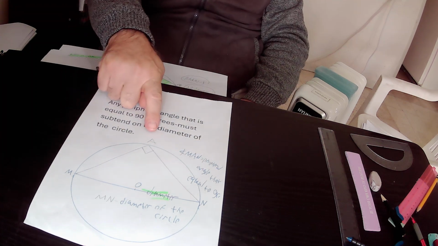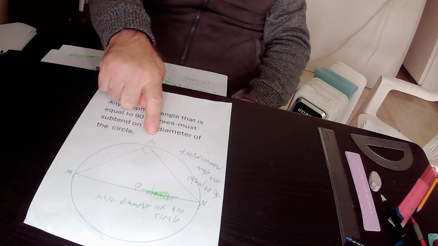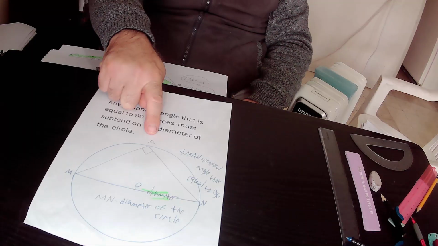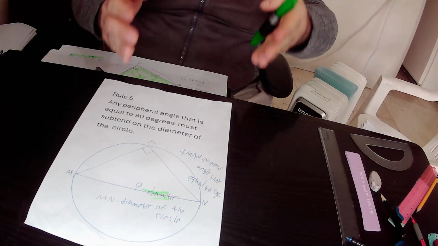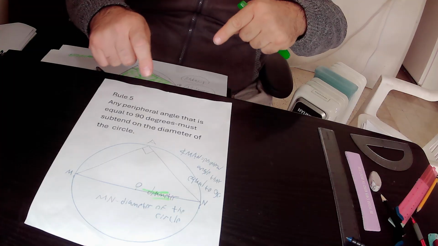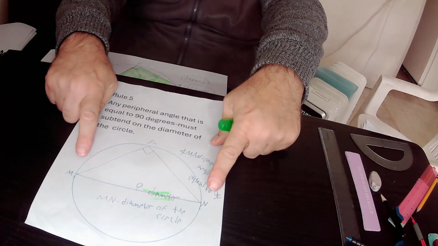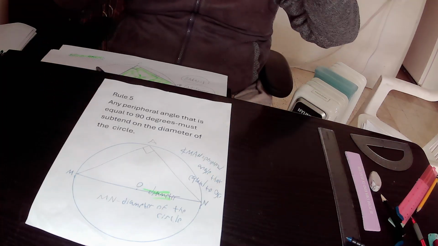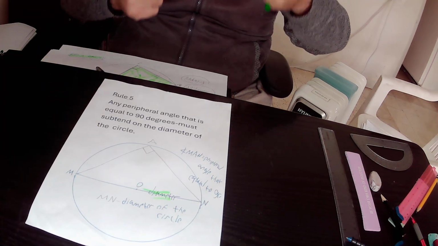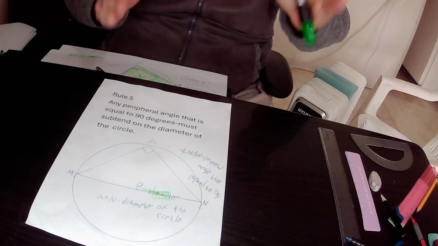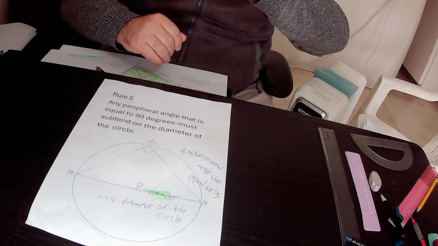This is peripheral angle MAN. It is equal to 90 degrees, and therefore according to rule 5, it must subtend on the diameter of the circle. And indeed peripheral angle MAN subtends on chord MN, that is the diameter of this circle.